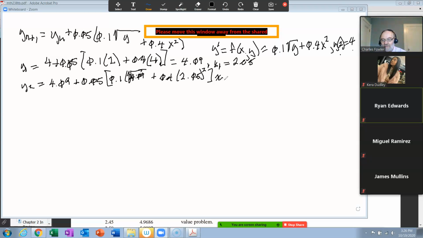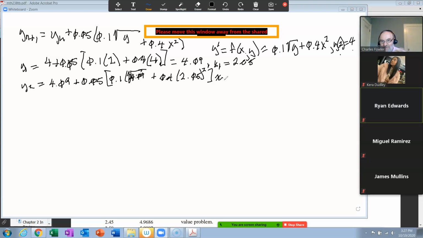So that plus 0.05 times, open parentheses, 0.1 times 4.09, because I have to enter the argument first, then take the square root of it, and that is not 2.3.